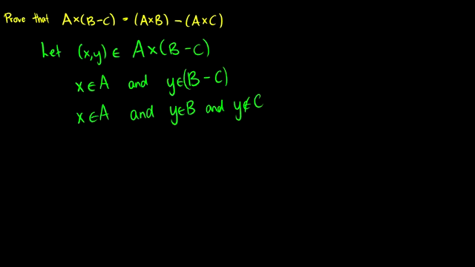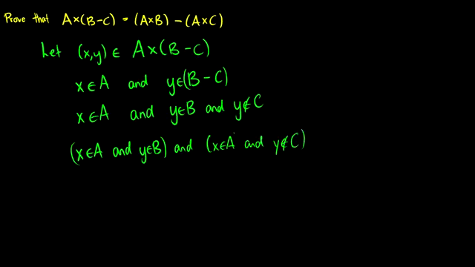So now what we can do is split this up. We can say that x is in A and y is in B, and then x is in A and y is not in C. Okay, so at this point we can put these together.